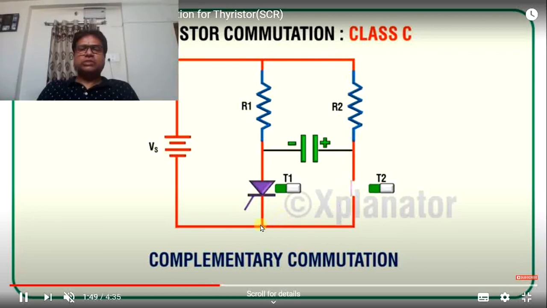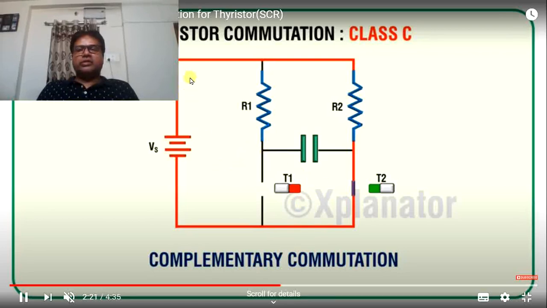Also, by that time a reverse voltage will be applied, not only in this direction but also because of the capacitor. So the commutating current will be more than the forward anode current of this SCR. So this SCR gets turned off, as the total voltage applied across the SCR will be the source voltage and also the capacitor voltage. So main SCR turns off.